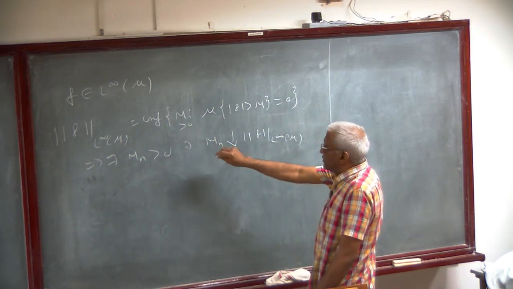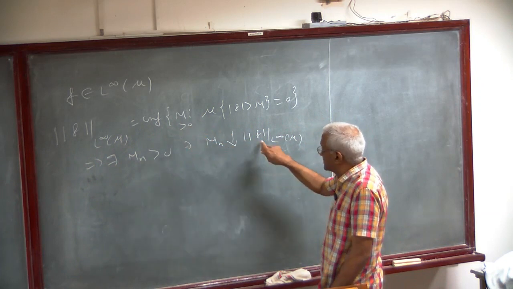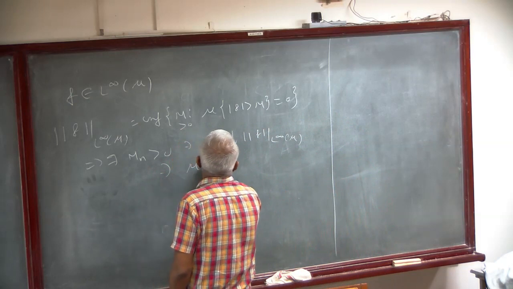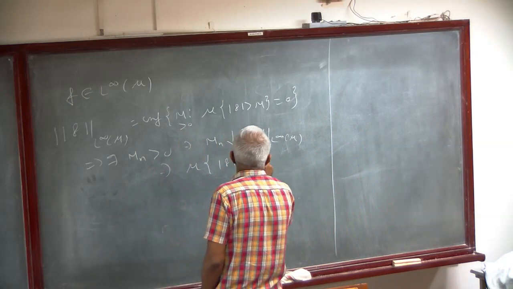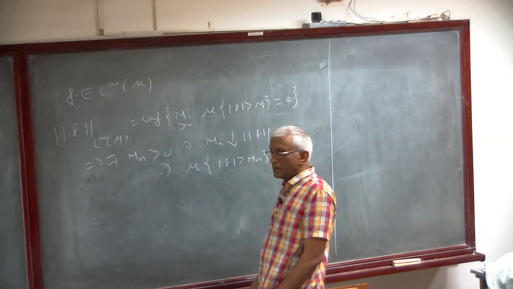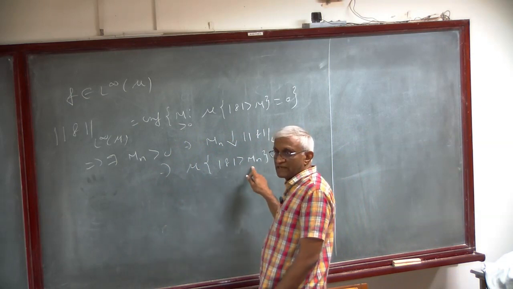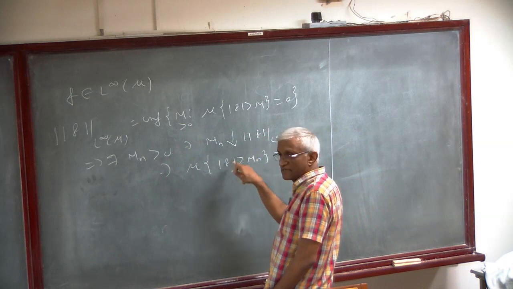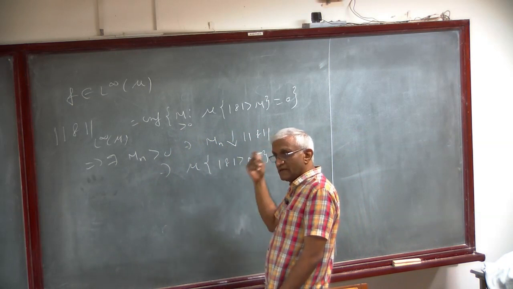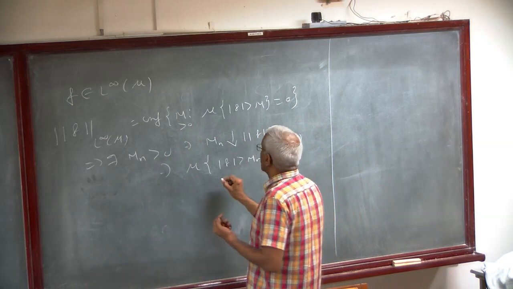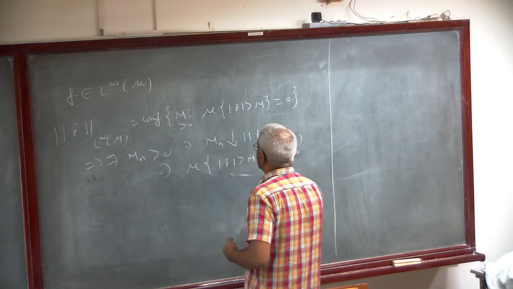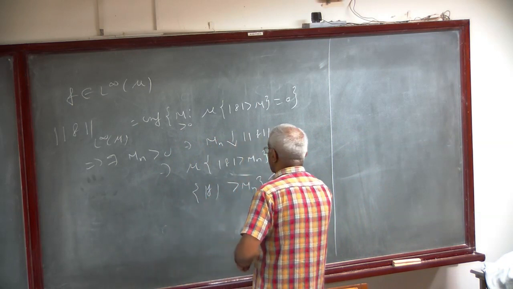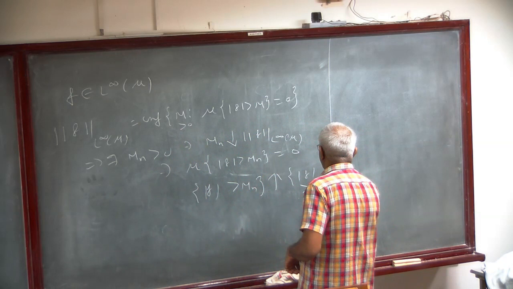Of course, that is an infimum. So there exists Mn which decreases to that, such that mu of mod f greater than Mn is equal to 0. Now these are all increasing sets as n goes to infinity, since Mn decreases. So the set where mod f is greater than Mn increases to the set where mod f is greater than the norm of f in L infinity.